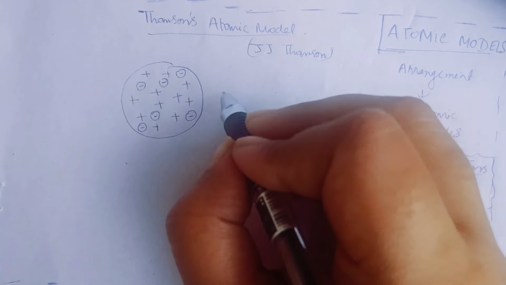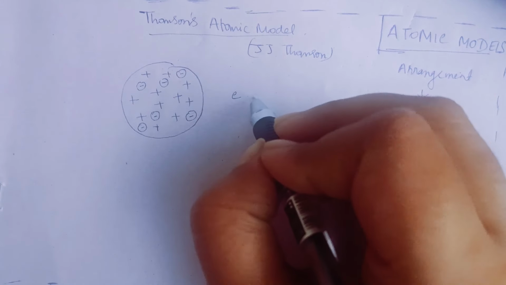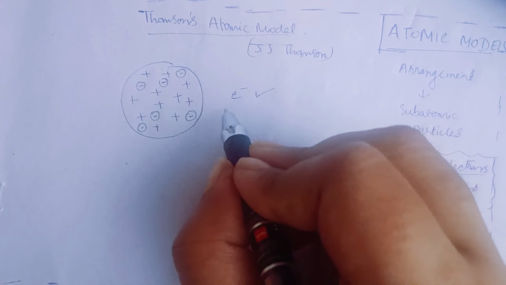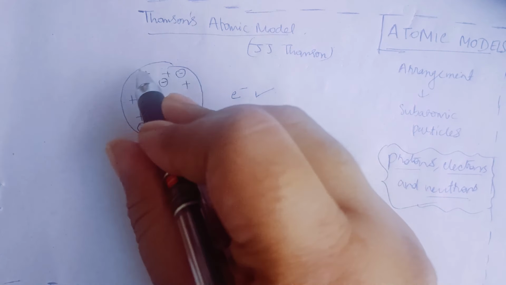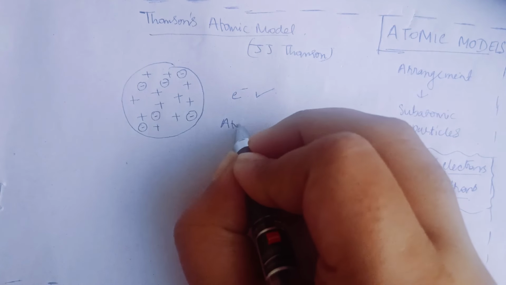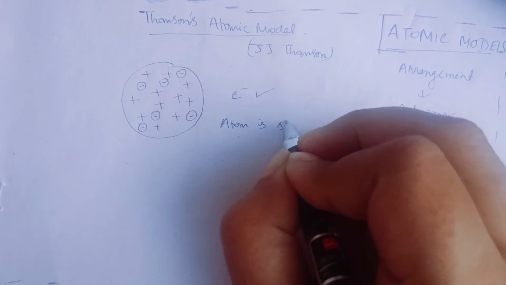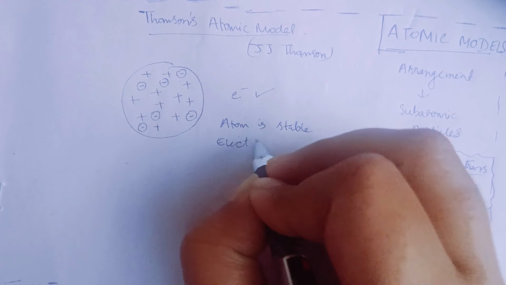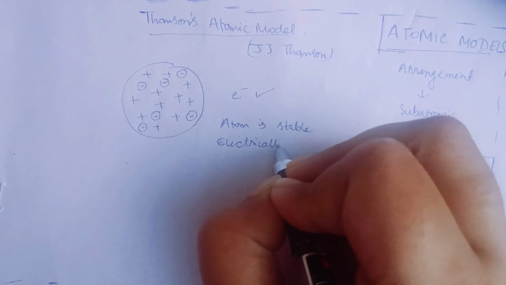Also note that by this time electrons had already been discovered, but not protons or neutrons. Then what is the case with this positive charge? Because an atom is stable, which means electrically neutral.